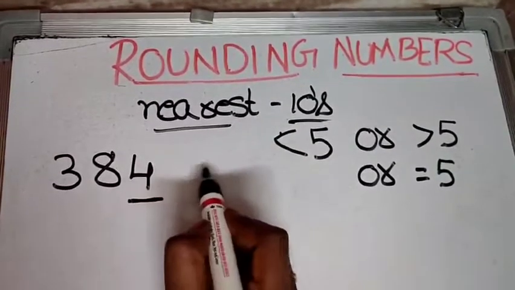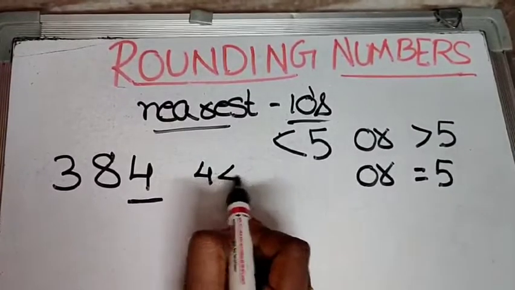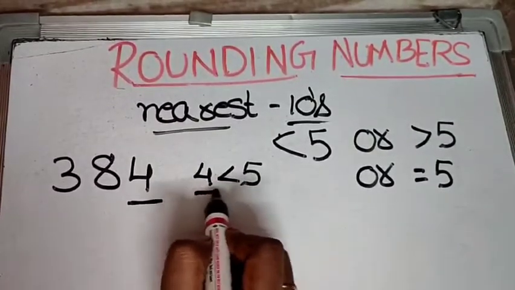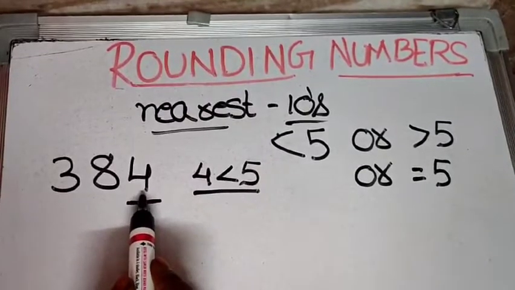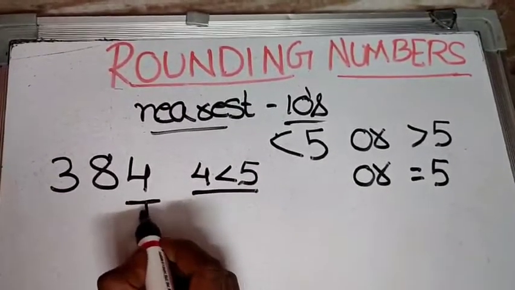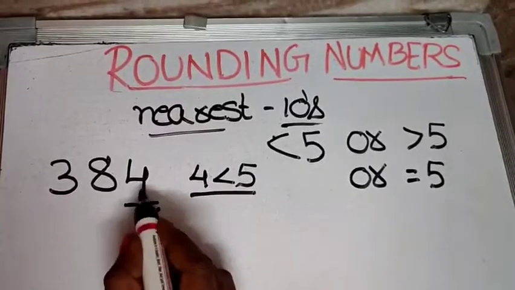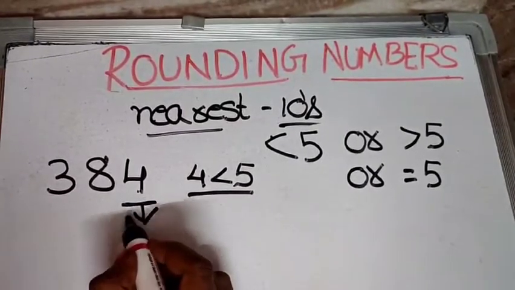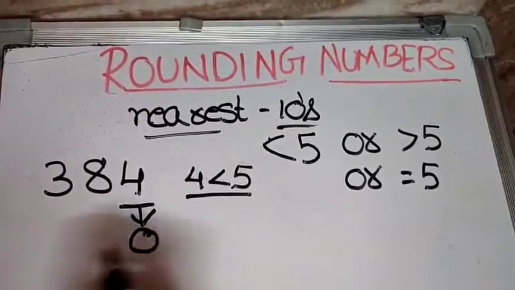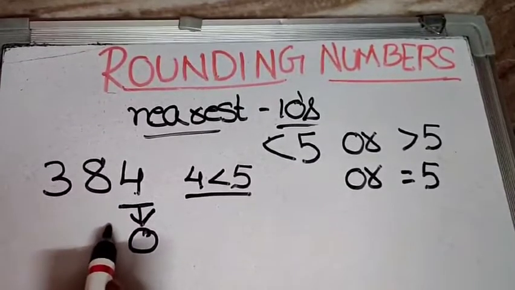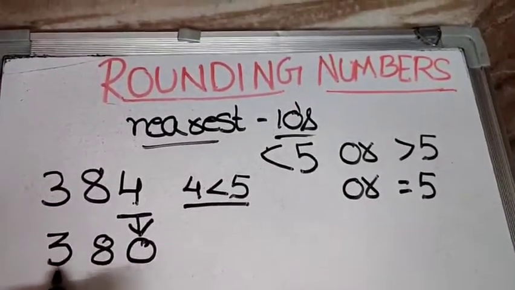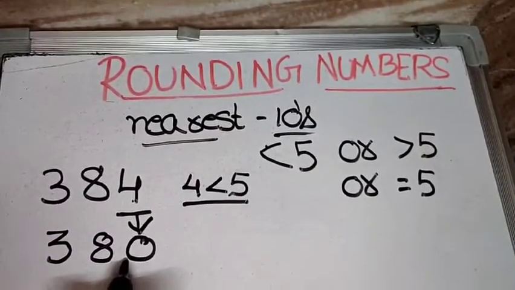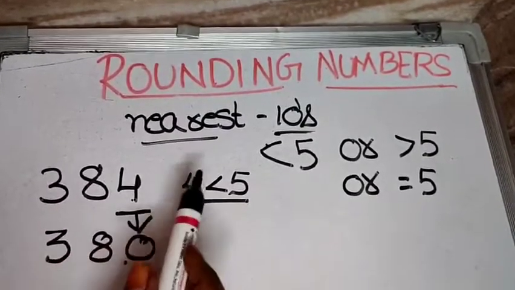If you observe, 4 is less than 5. And we know what we have to do. If a number is less than 5, this 4 becomes 0, and get the remaining numbers down, 8 and 3. 380 is the rounding number of 384 to nearest tens.